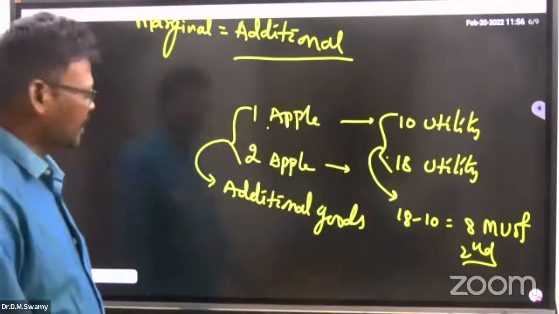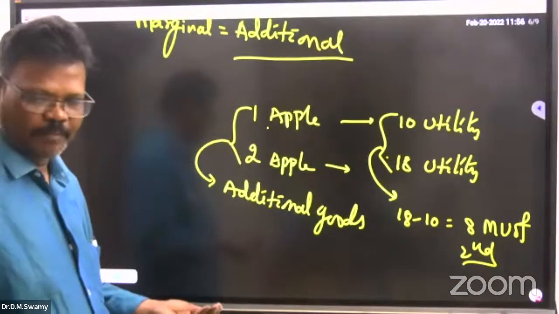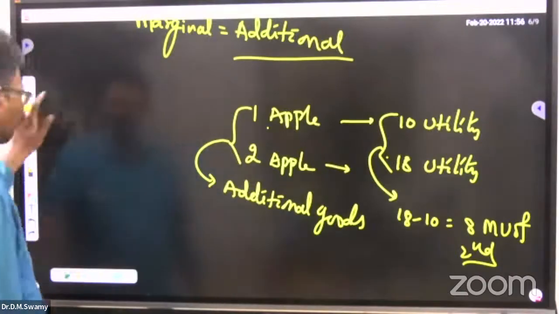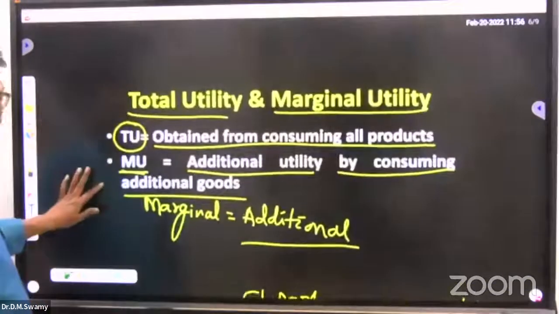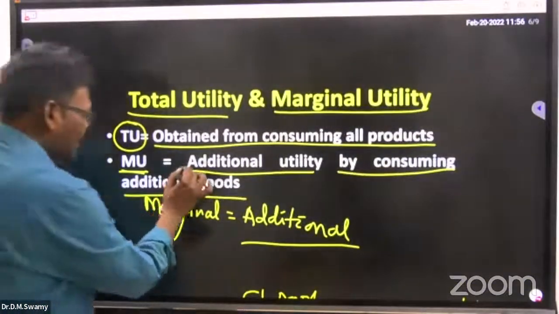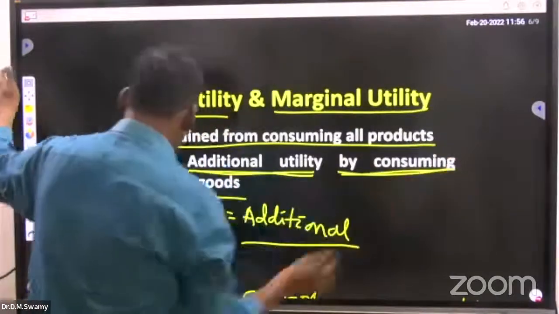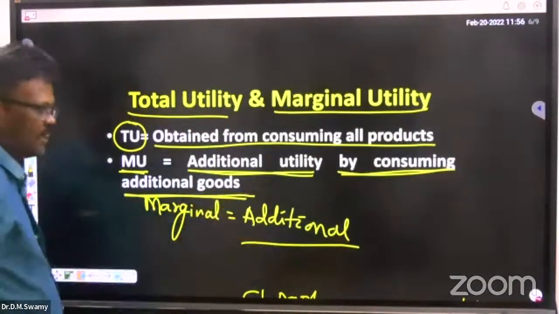Okay, the marginal utility of the second commodity. So marginal utility is nothing but the additional utility from consuming an additional commodity.